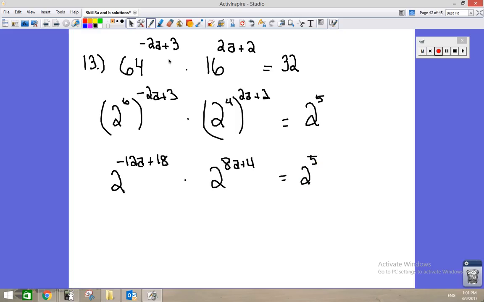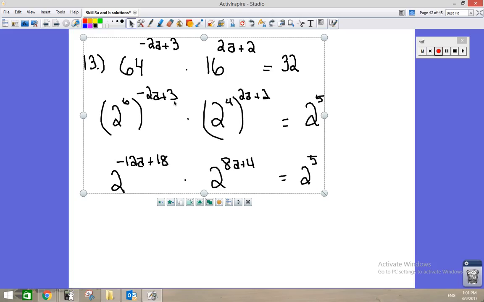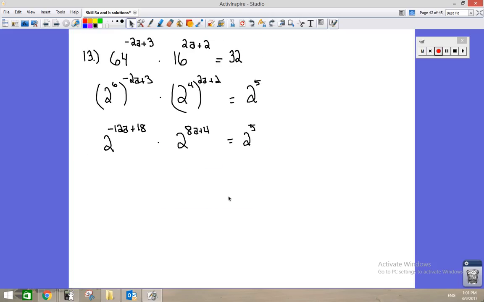And since I'm multiplying two values that have the same base, I add the exponents. Negative 12a plus 8a is negative 4a. And 18 plus 4 is 22.